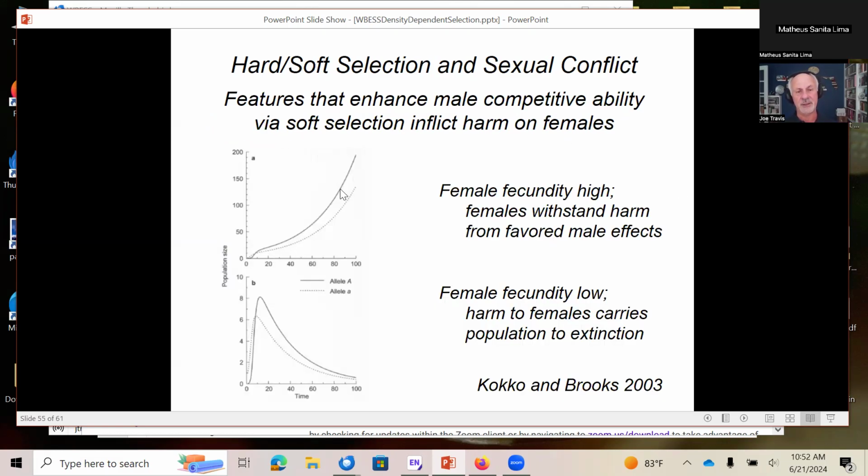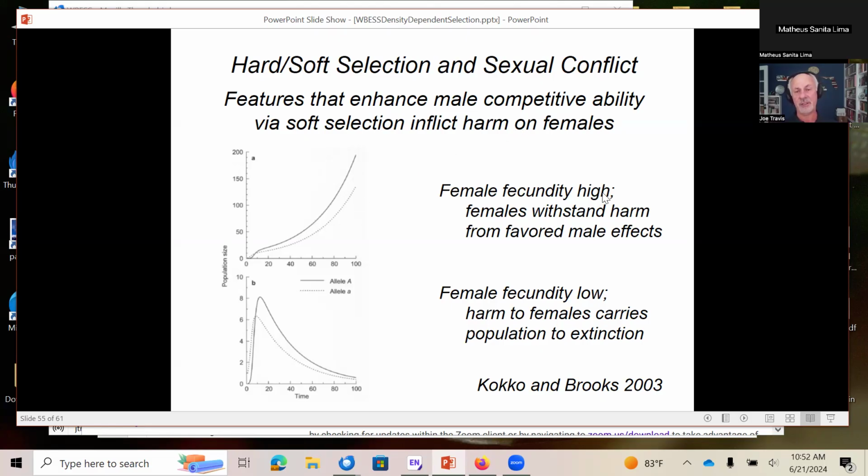This has been studied in theory by Hannah Coco and Rob Brooks. And what they show is that when features that enhance male competitive ability inflict harm on females, as the alleles for a more preferred male go up in frequency and male competitive ability increases, so does the harm on females.